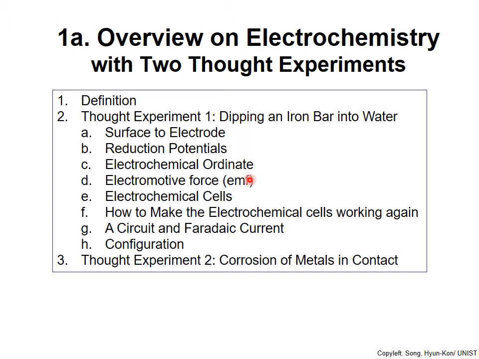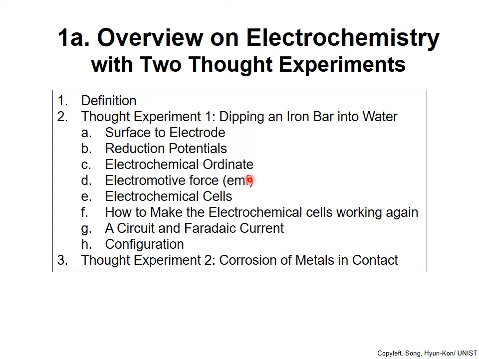As you know, or as you expected, we have two electrodes normally in electrochemical cells. One electrode would provide some electrons, and at the same time the other electrode would consume the electrons. Therefore, we could observe some electron flows between two electrodes.